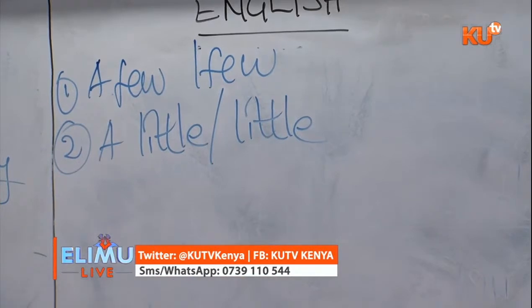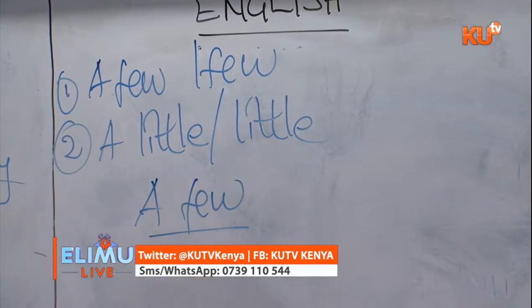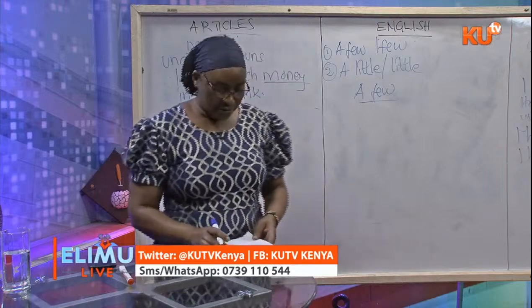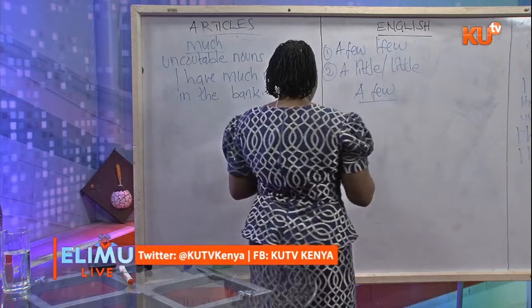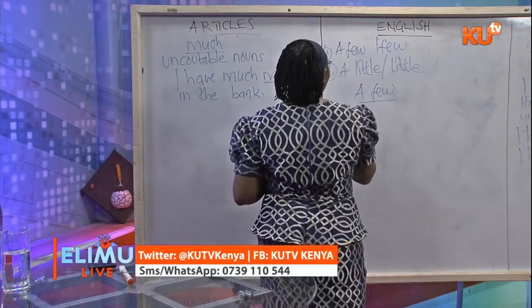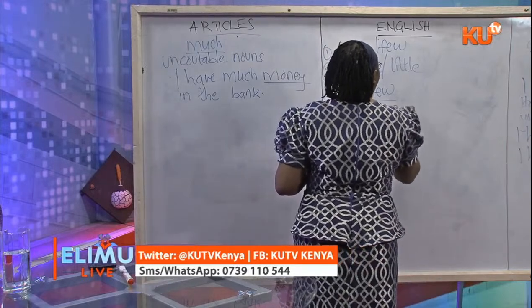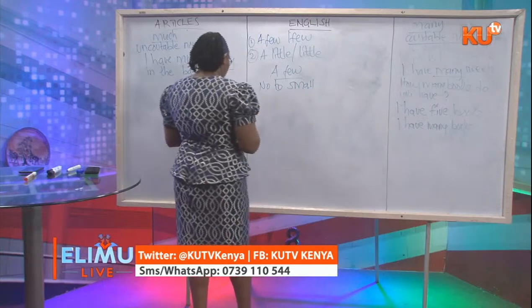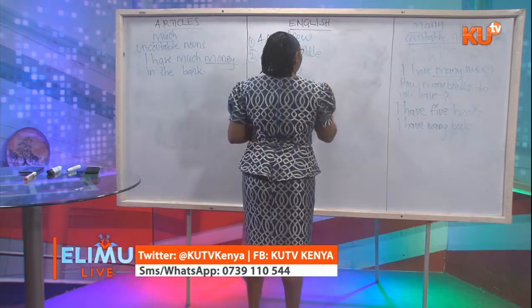So we start with a few. This word, or determiner, a few, means that it is something which is not so small in amount, and not so much.